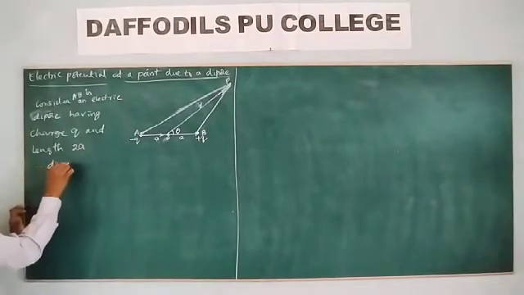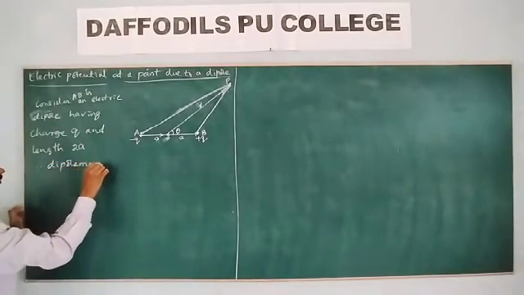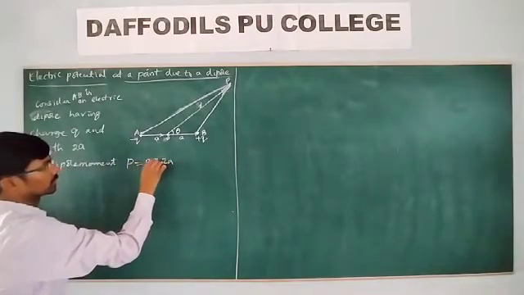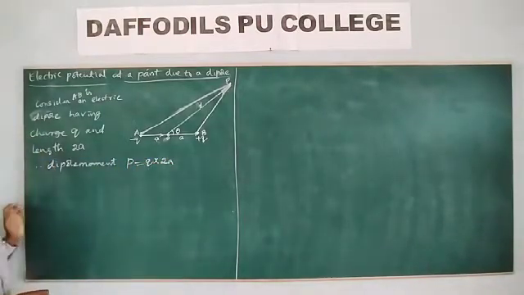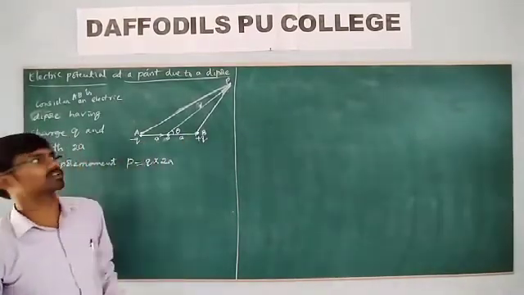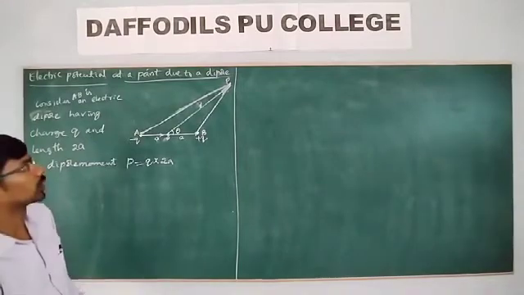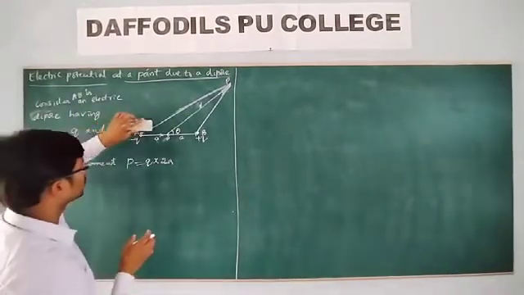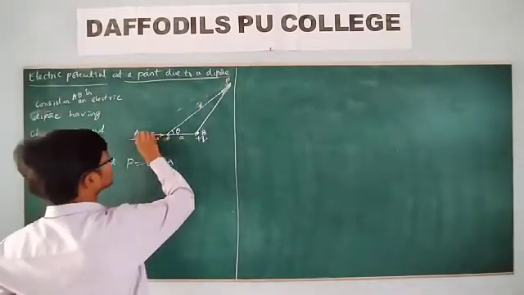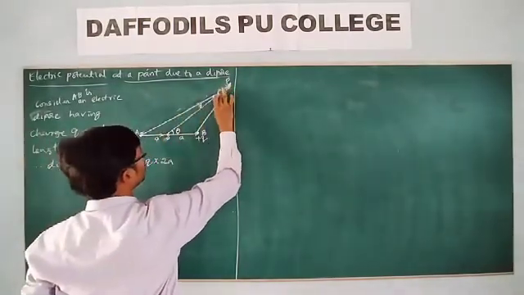Therefore, the dipole moment p is equal to q into 2a, and what is the direction of the dipole moment? From the negative to the positive charge. You remember that? The dipole moment is directed from negative to positive charge.